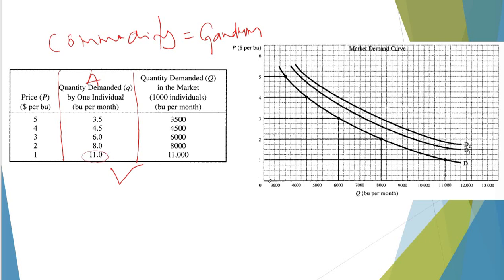Tapi we are not having only one individual in the market. We have like 1,000 other individuals in the market. Ni mana dapat 3,500 ni? Maksudnya kita ada 1,000 orang lagi yang nak beli barang pada kuantiti yang sama. Contoh lah, sebab tu kita ada 3,500. Cuba darabkan. 3.5 darabkan 1,000. Okay lah, 3,500.